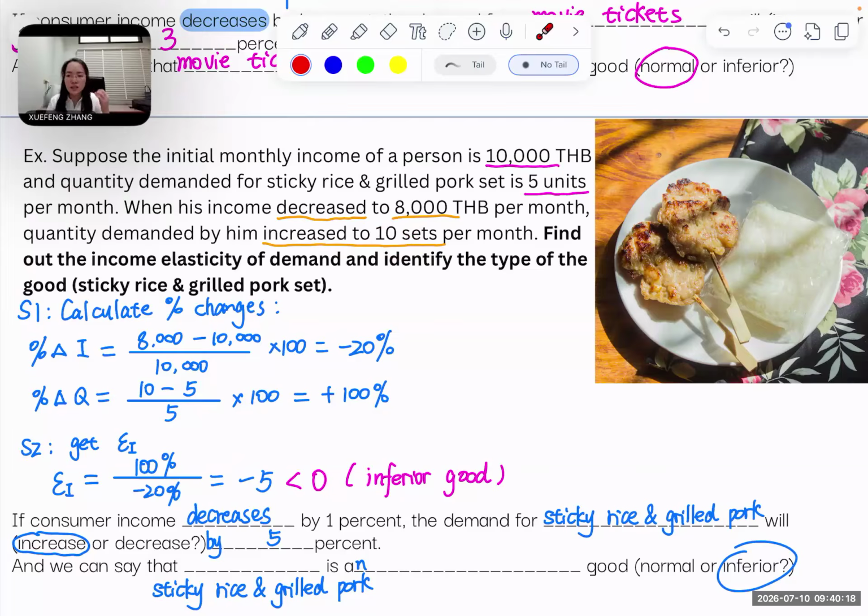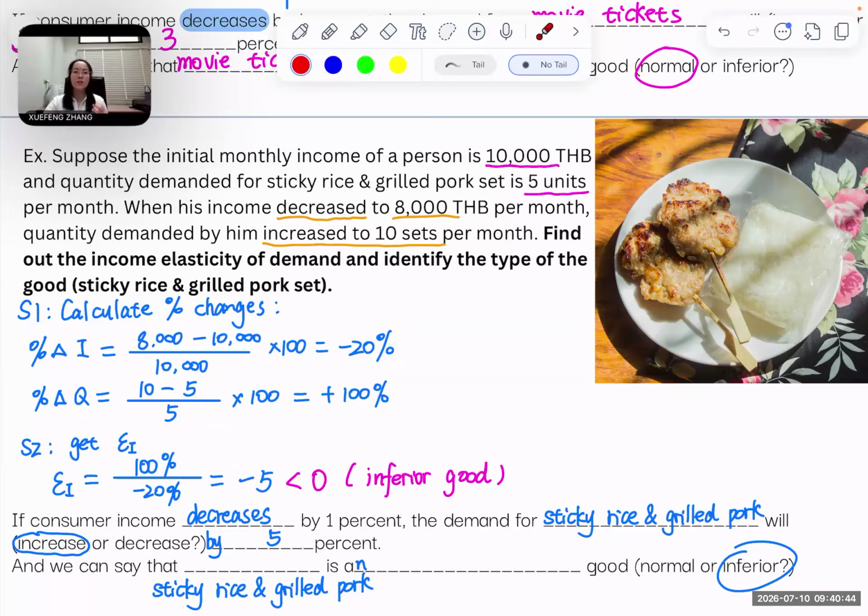Because they can no longer afford restaurants, so they switch to cheap street food. That's exactly what an inferior good is. It doesn't mean it's bad quality, just something you buy more when you are poor.